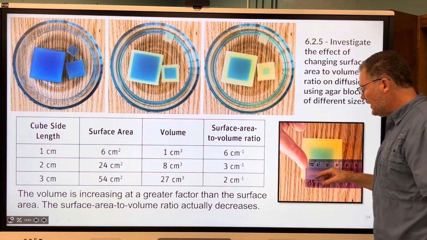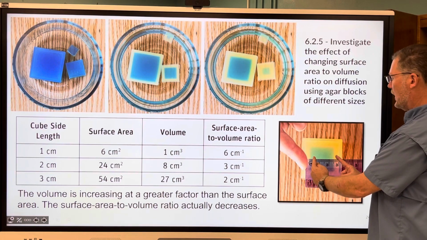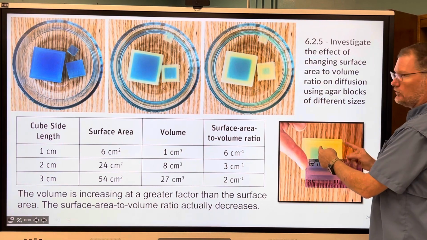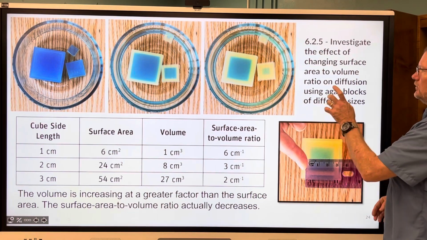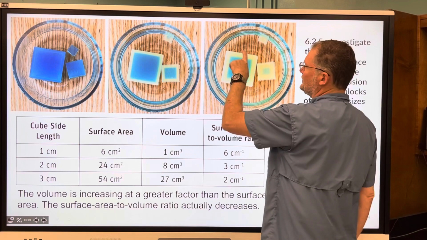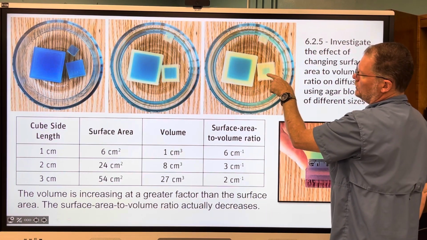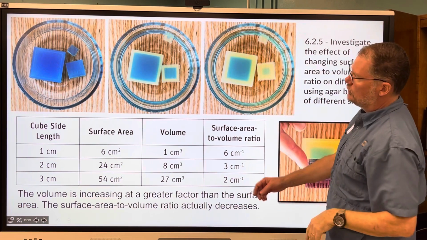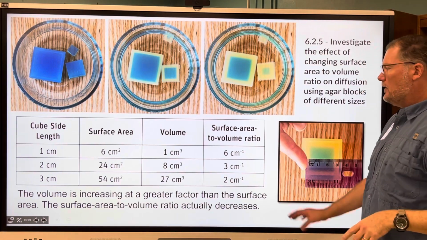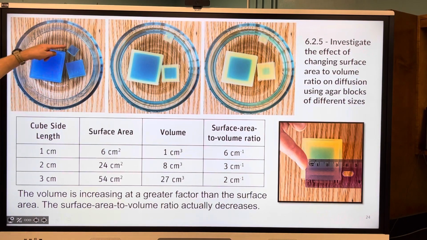And then you can take a ruler and you can measure how far the new volume or the new surface area is, and then determine what the volume is based upon the surface area, right? And you can compare the size to the change. So you can see much more diffusion towards the center, and then this one's completely, the color's gone in that one. And then these are your measurements. So cube side 1, 2, and 3 centimeters.